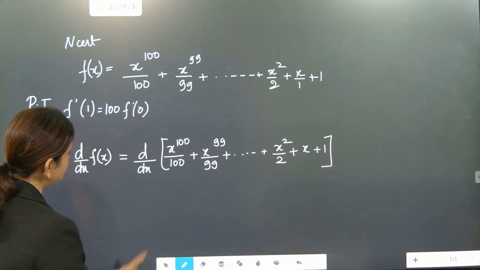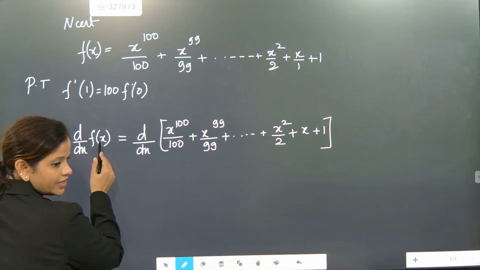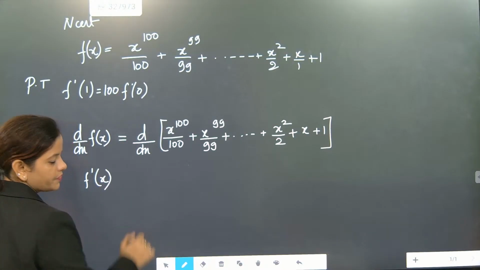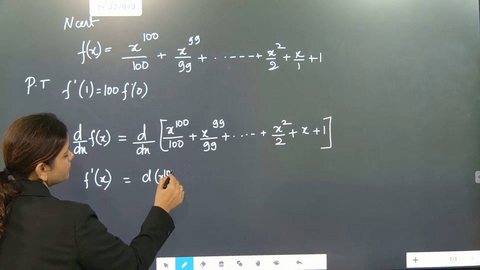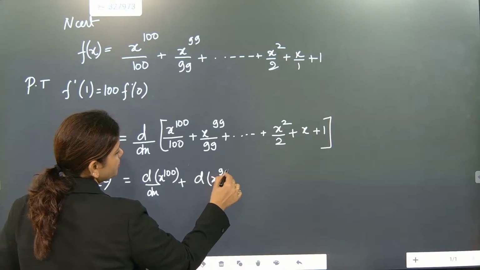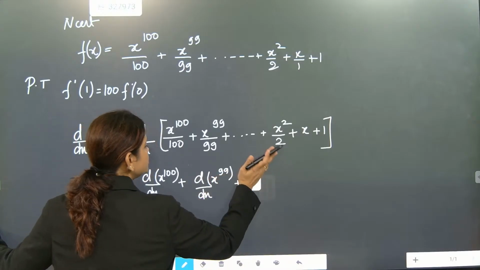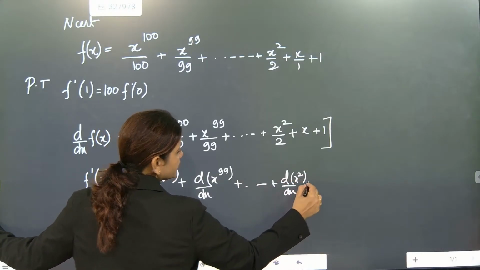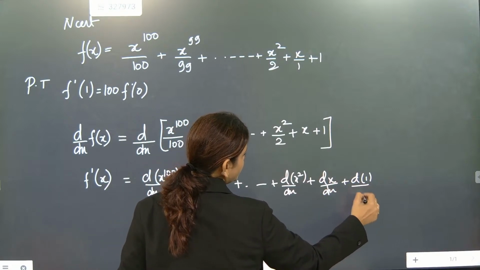Once we have written till here, f of x differentiation will become f dash x. Next, we will distribute: differentiation of x to the power 100 dx plus differentiation of x to the power 99 dx, like this will proceed, plus differentiation of x square dx plus differentiation of x dx plus differentiation of 1 dx.